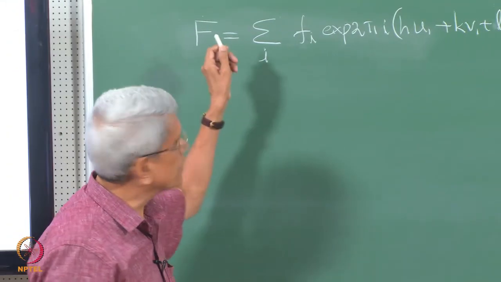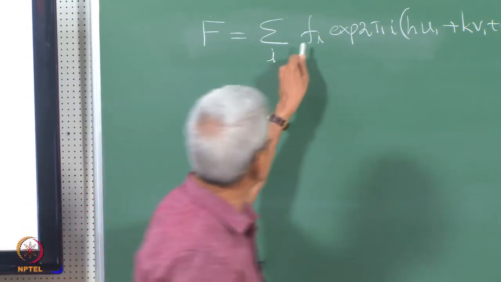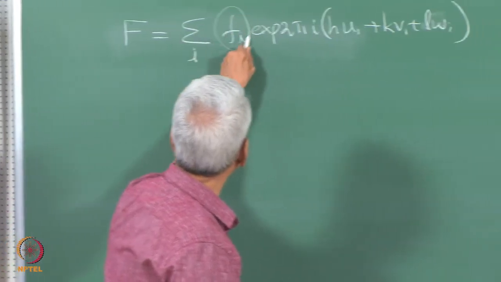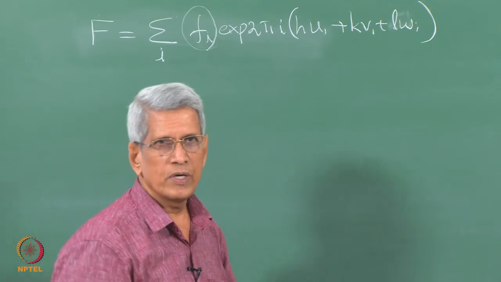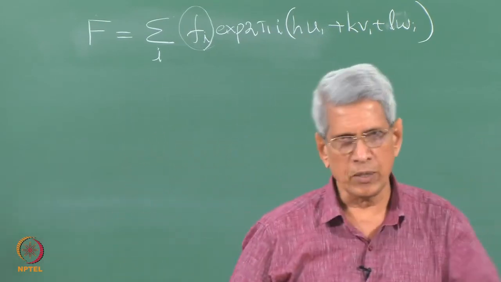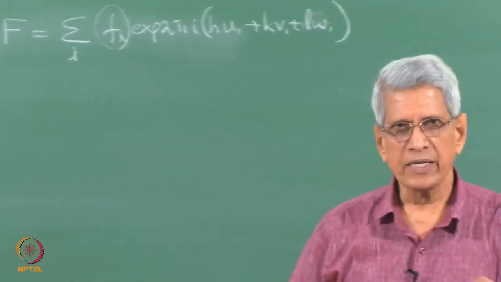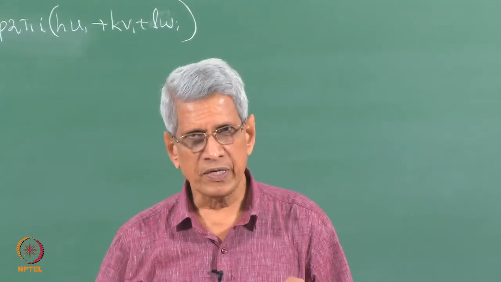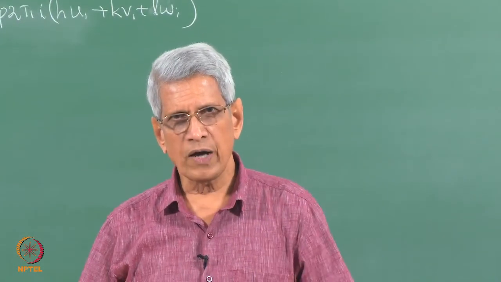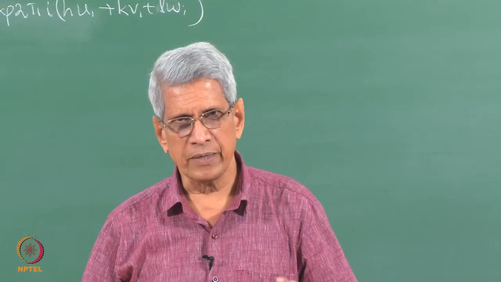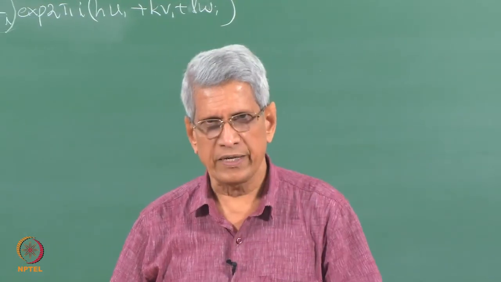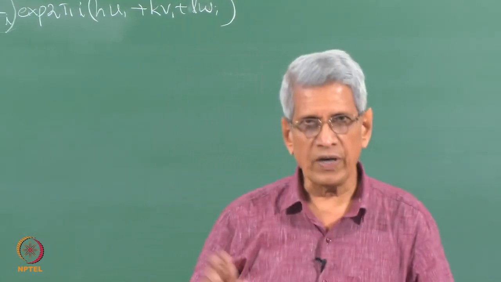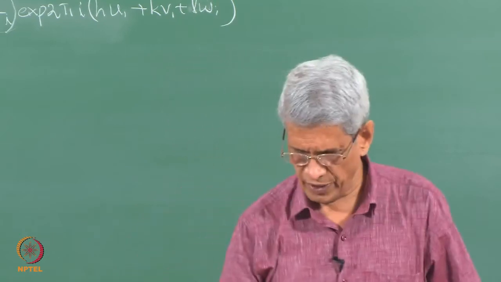This is essentially a complex quantity. What is essentially important is that there is a factor f corresponding to each atom position. What f represents is the contribution from each atom to the scattering. That is what we are trying to find out.